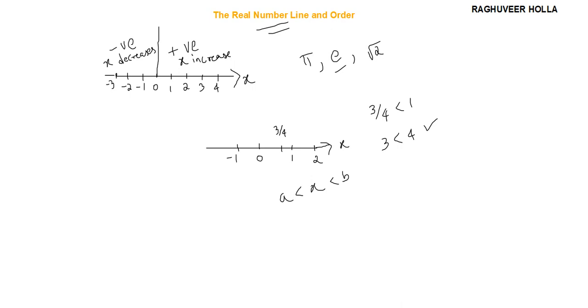We can figure it out by looking into some of the important factors here. If I consider (A, B) in brackets, this is an open interval where A is less than x less than B. So this is an open interval.